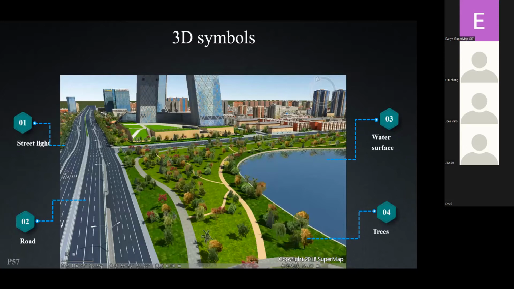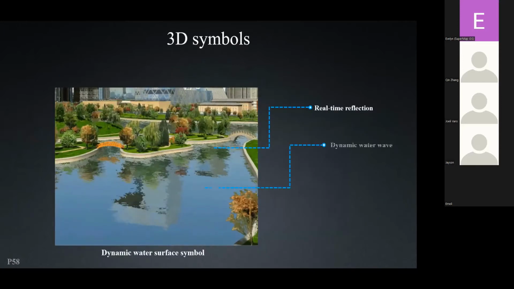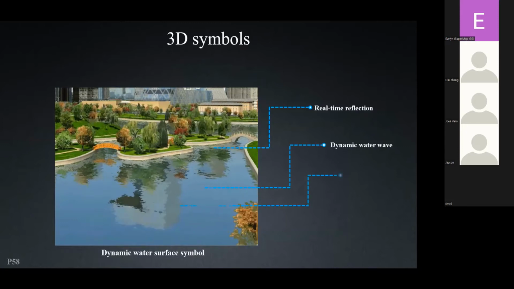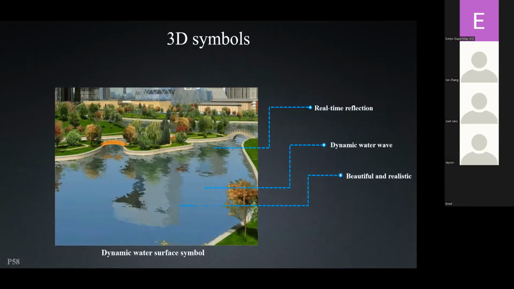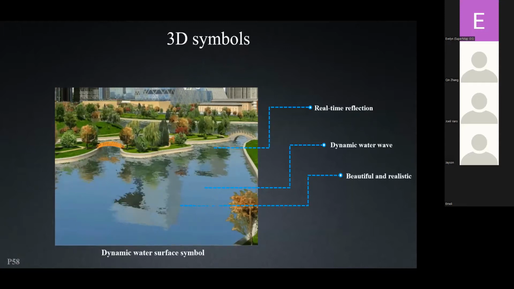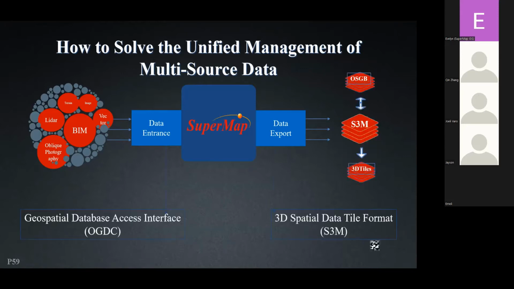And also here is the dynamic water surface symbol. This is made by SuperMap at desktop. You can view the water effect. And also, SuperMap has the unified format S3M, which can manage different kinds of model data in one system.